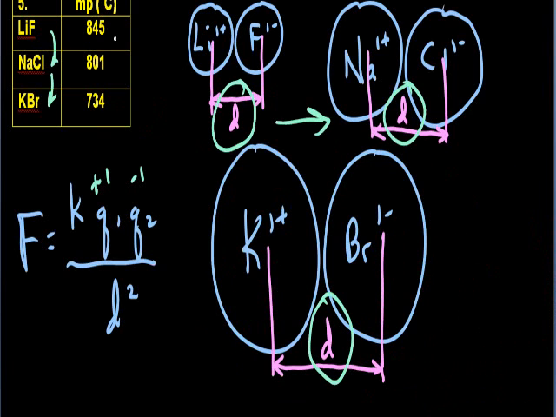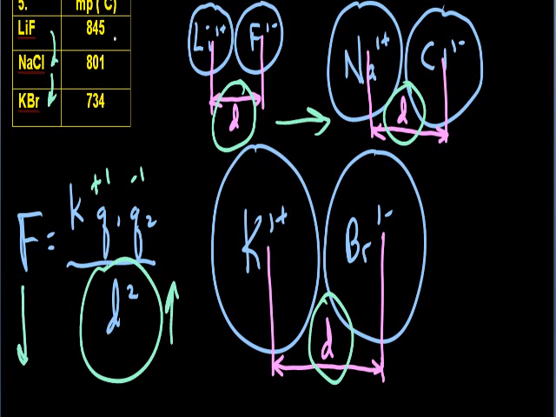If our distance increases, because it's in our denominator, the size of our attractive force is going to decrease. We see a decrease in the strength of the attractive force reflected by a lesser quantity of energy necessary to melt these compounds as we go from 845 to 801 to 734 degrees to melt each of these ionic compounds.